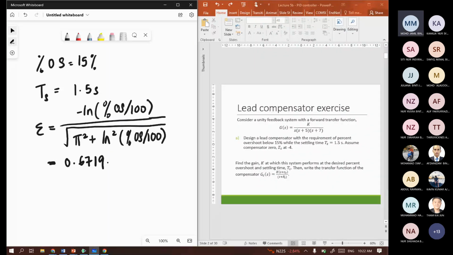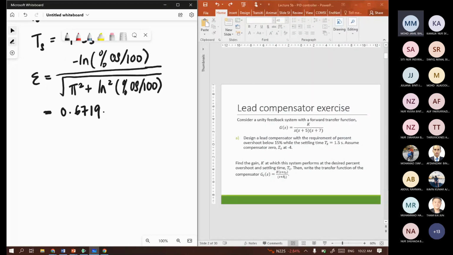And then we need to determine the natural frequency from the settling time. Settling time equals 4 over damping ratio times natural frequency. You just plug in this value into your calculator to get omega n.